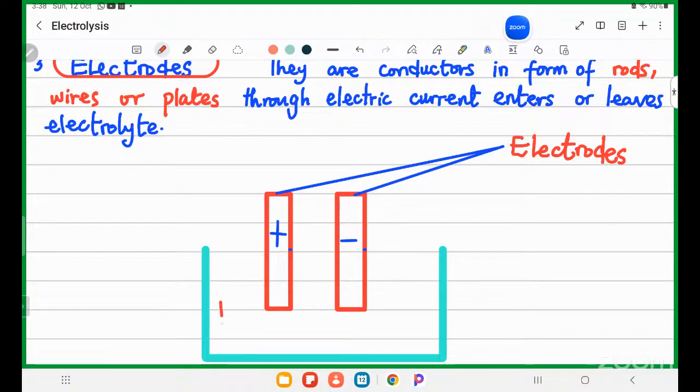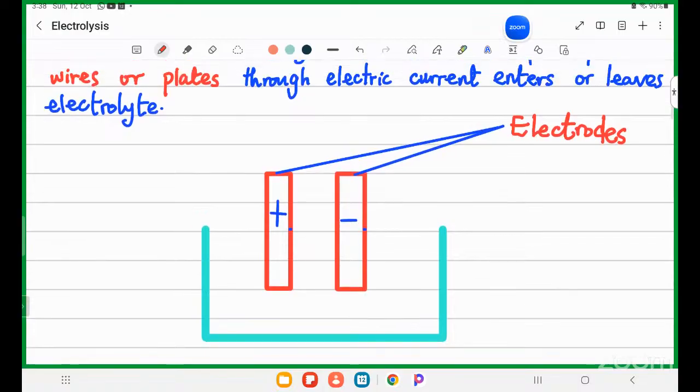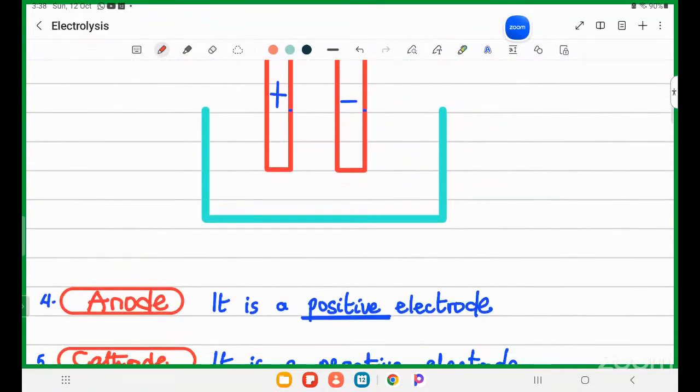The electrolyte is in the beaker, the containing vessel. The electrodes are connected to a DC source. The electrodes are of two types: the anode and the cathode.